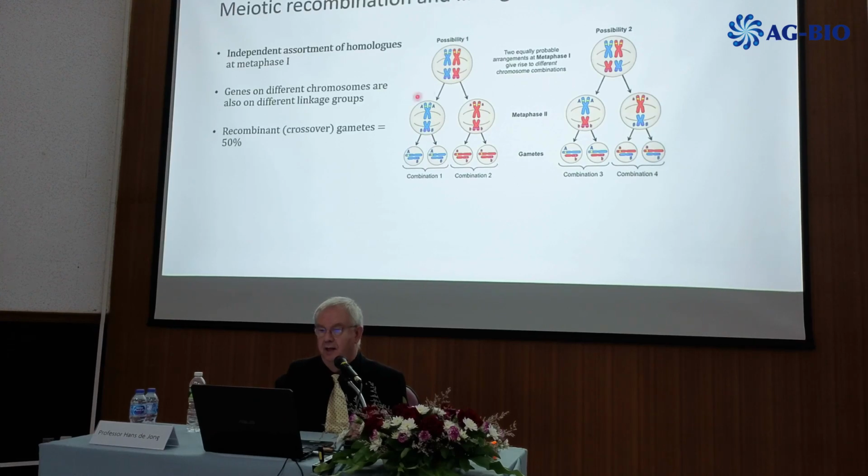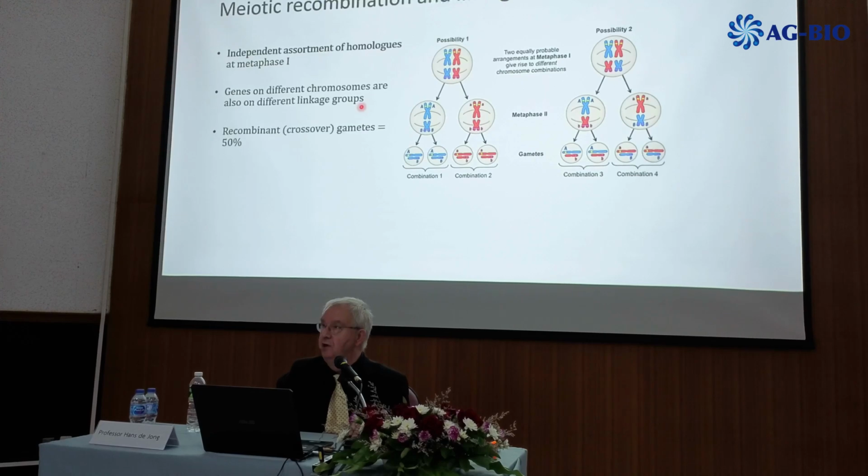So in the independent assortment of homologs, what I mean is that when you have the situation of two chromosome pairs like here, with capital A and capital B and small a and small b, you have two possible recombinations, which actually happen at metaphase 1, so at the end of the first meiotic prophase, in which they can assort randomly.